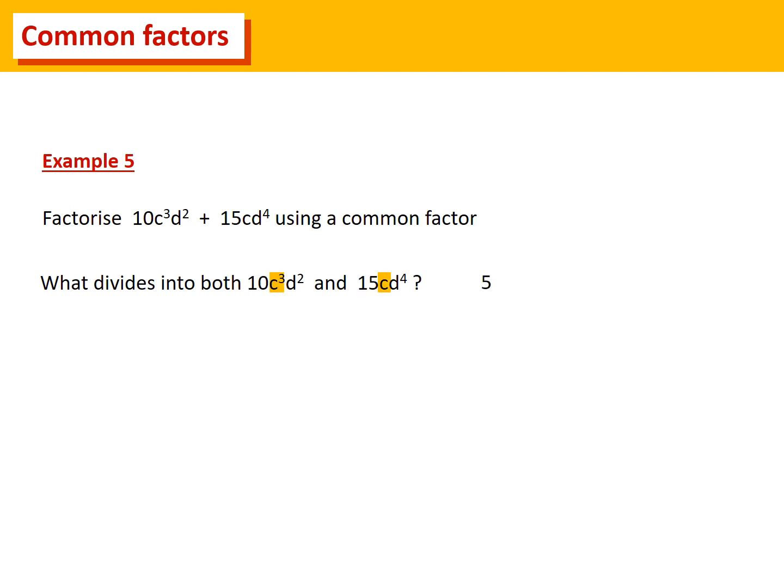Then what divides into c cubed and c? And the largest thing that divides into both those is c. And finally, what divides into d squared and d to the power of 4? And the answer to that is d squared. So 5cd squared is going to be the common factor. That'll be the thing that'll be outside the bracket.